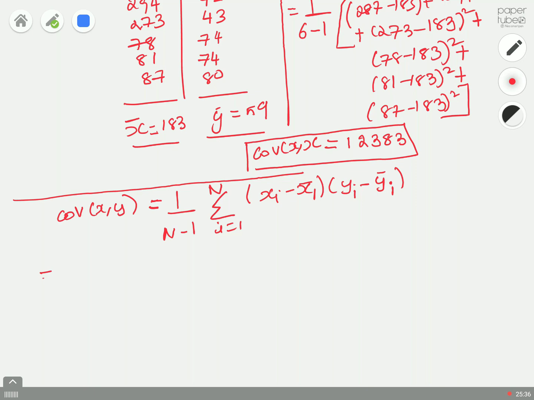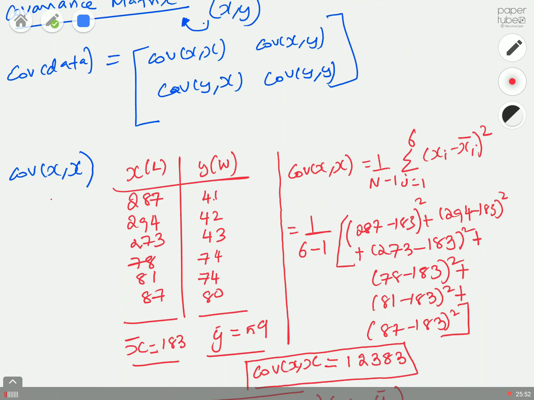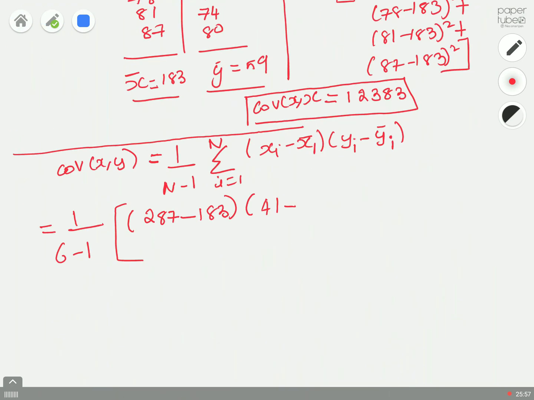So this is easy to do, just again 1 by 6 minus 1, and then you take the x value minus the average, which is 183, multiplied by, if you go back to the table here, x1 y1, so take 41, so that should be 41 minus average of all the y, 59.